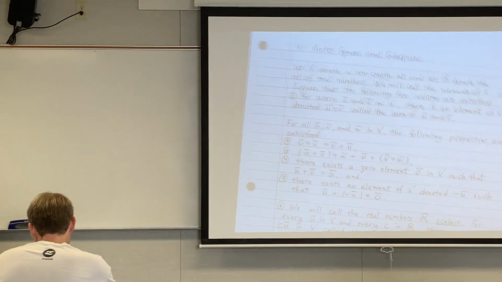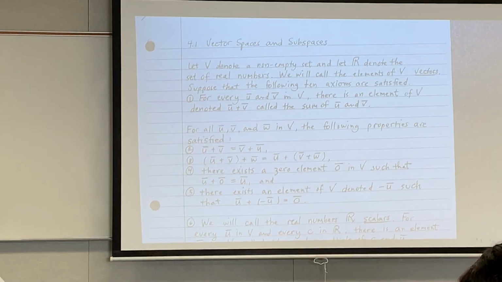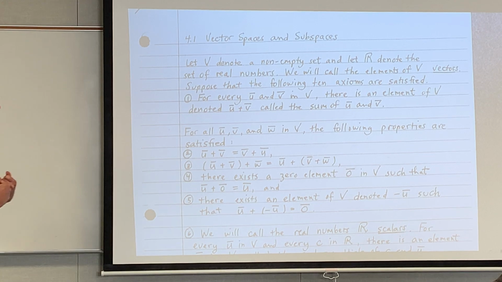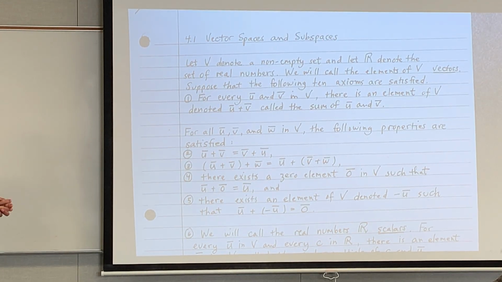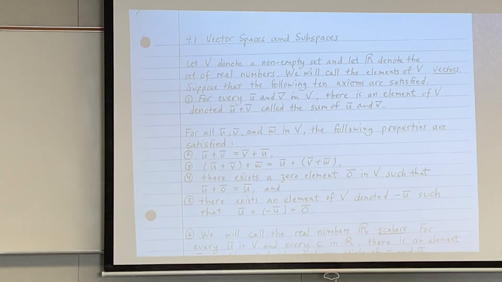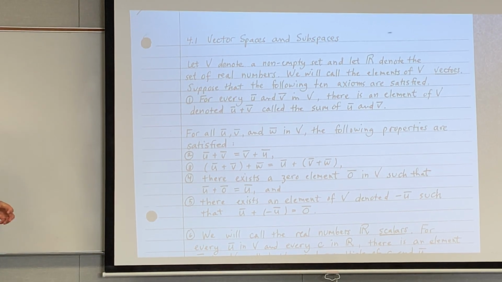All right, so let's start on our 4.1, and let's start talking about vector spaces. We've got the interesting stuff today. This is the part of the course where we start talking about abstract vector spaces. An abstract vector space can be a set of just about anything.